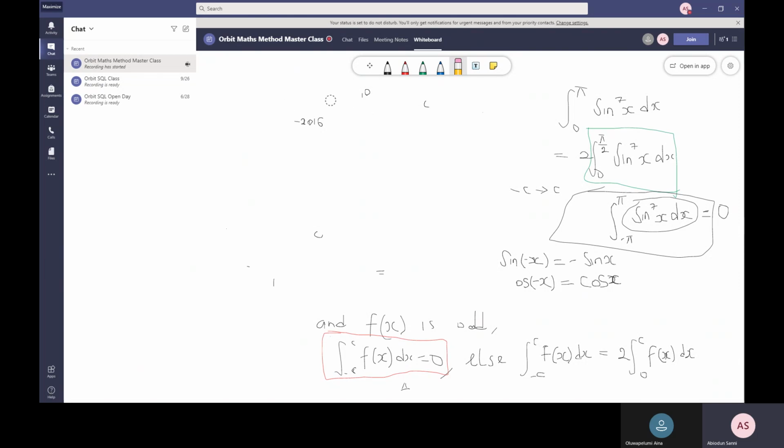Let's say, for example, you have I_{m,n}, which equals the integral from 0 to pi over 2 of sine raised to the power m x, cos raised to the power n x, for example.